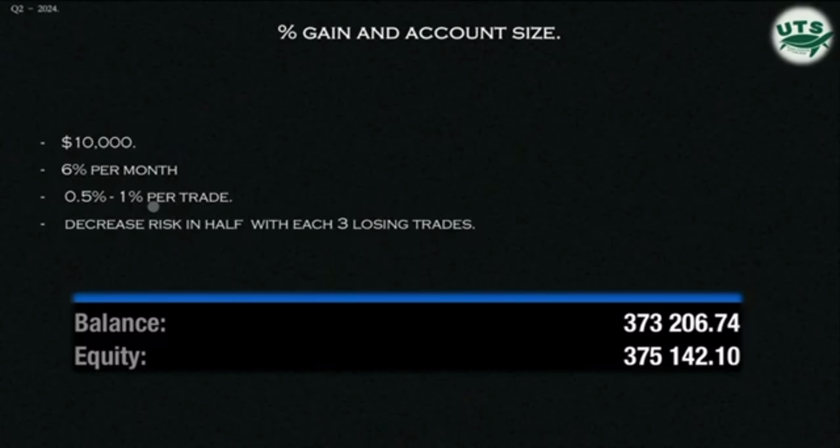You never ever, under no circumstance, risk more than 0.5% to 1% per trade. Never. And with a 1, 2, 3, right, you're going to make a lot of money very easily. And when you lose, you won't lose that much, based on this.